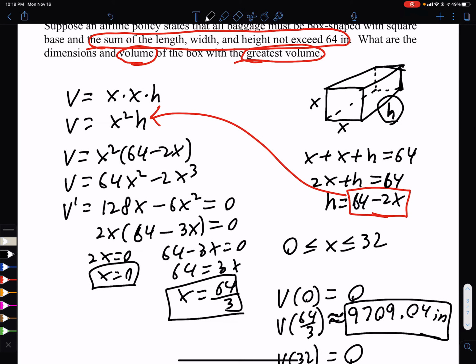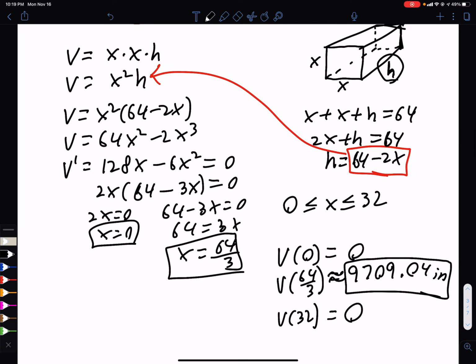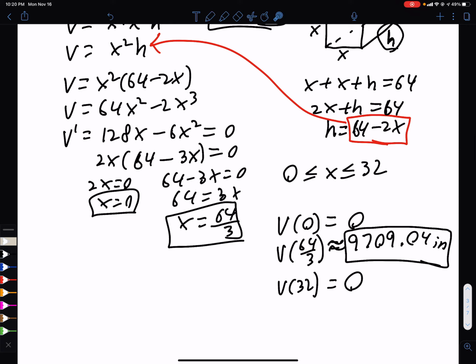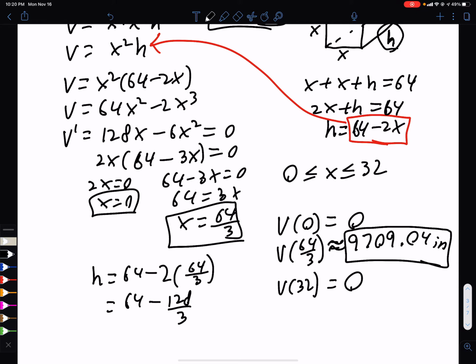We want the dimensions of the box. So they didn't ask for maximum volume, but we showed that it occurs when x is 64 thirds. So the dimensions of the box, x would be 64 thirds inches. But what's left for h? So I will look at this formula. That's my constraint formula. H is 64 minus 2 times 64 thirds. 64 minus 128 thirds.